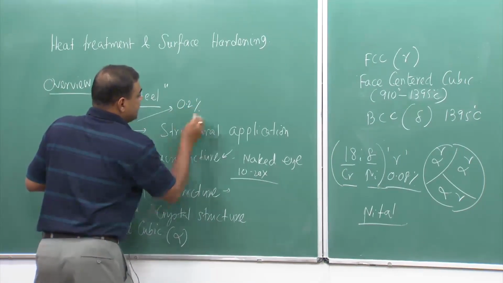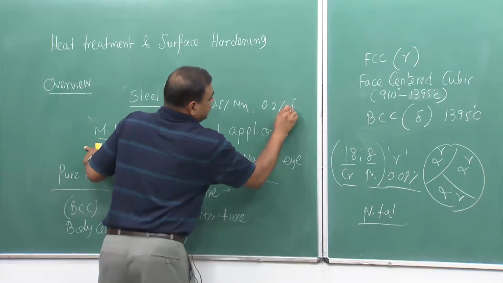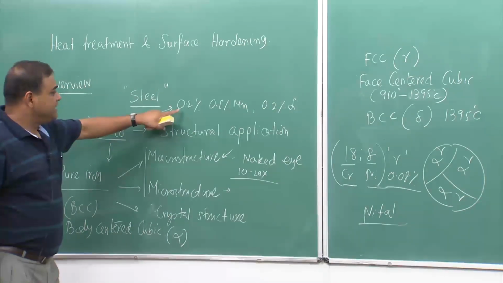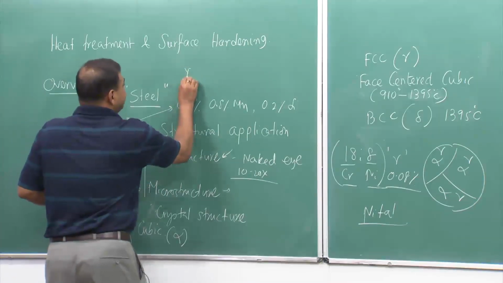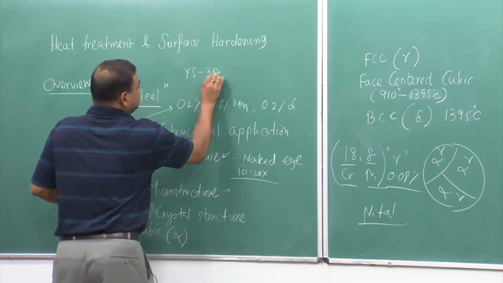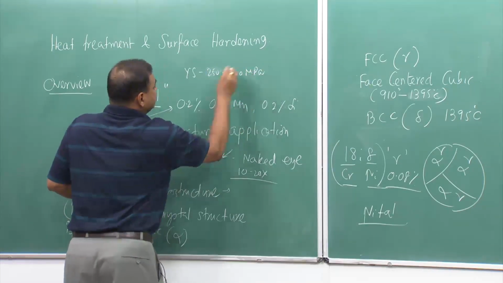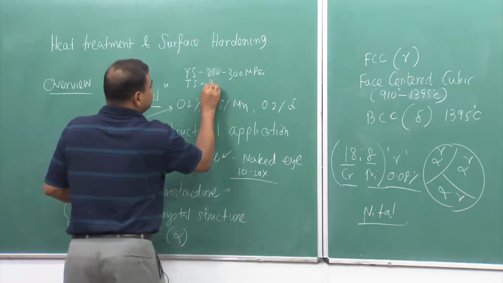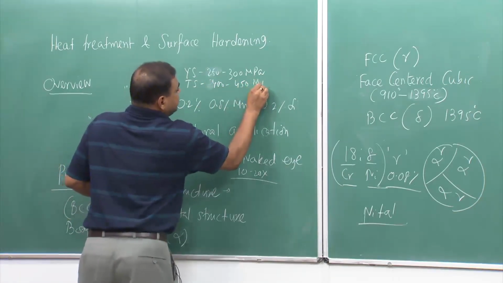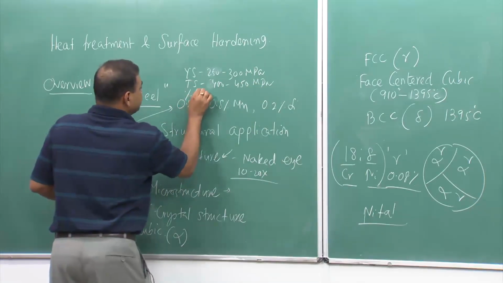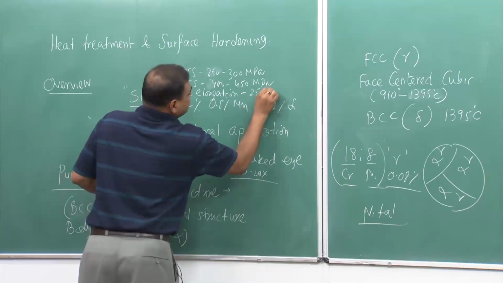Now, if we consider mild steel, let us say with 0.2% carbon, 0.8% manganese and 0.2% silicon, in this case we normally get a yield strength of around 250 to 300 MPa, tensile strength of about 400 to 450 MPa, and percentage elongation of 25 to 30%.